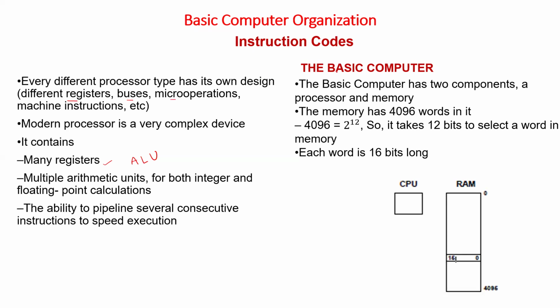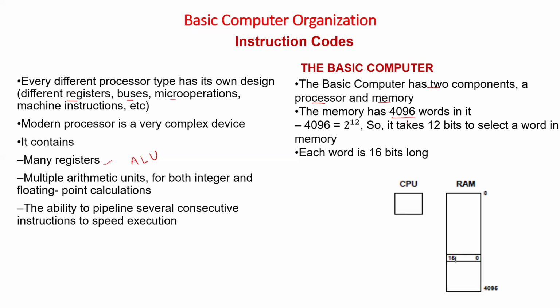Now, first see what the basic computer is and how it is organized. The basic computer has two main components: one is the processor, another is the memory. For this particular system, we consider that memory has a capacity of 4096 words.